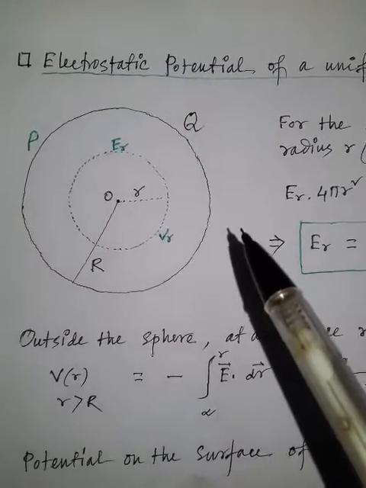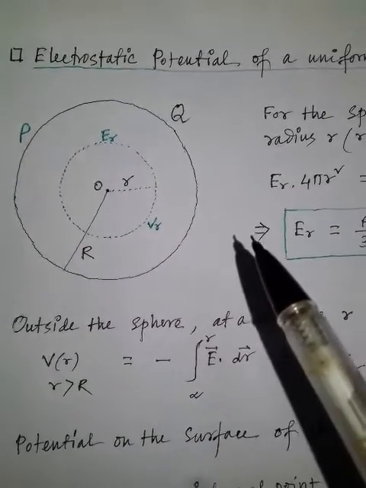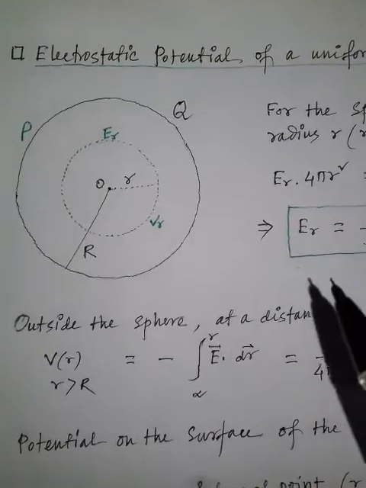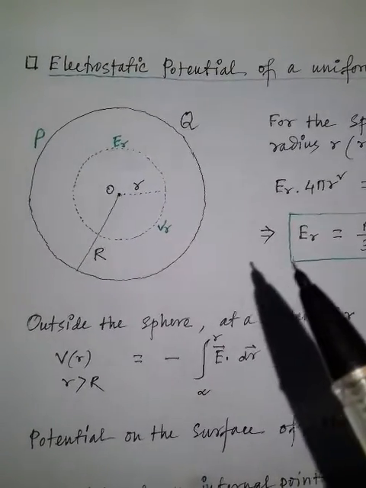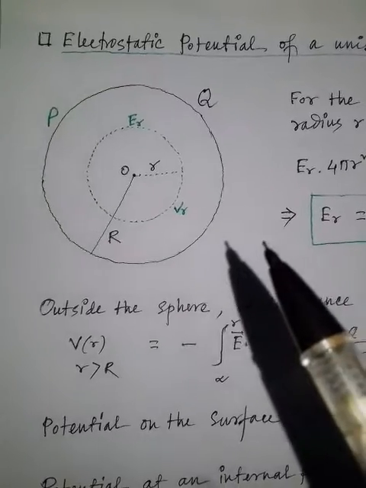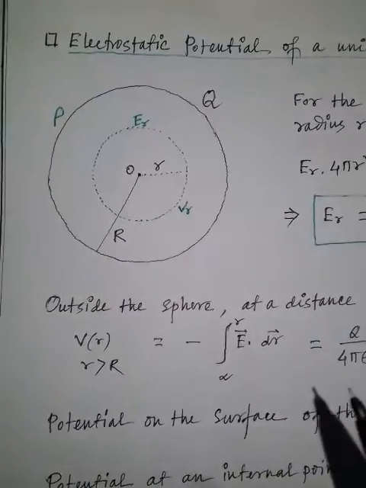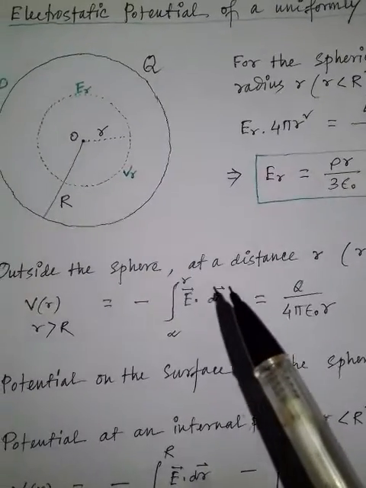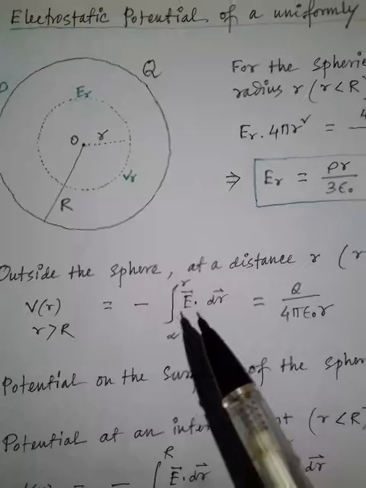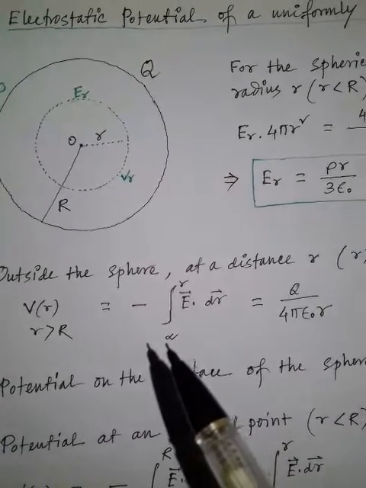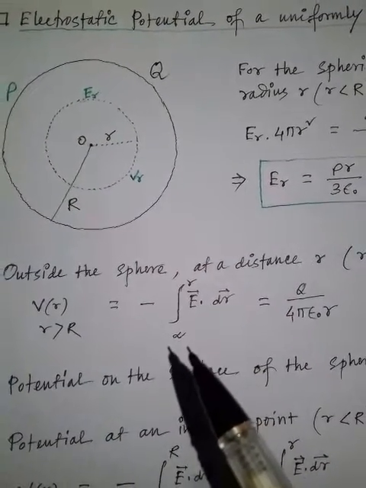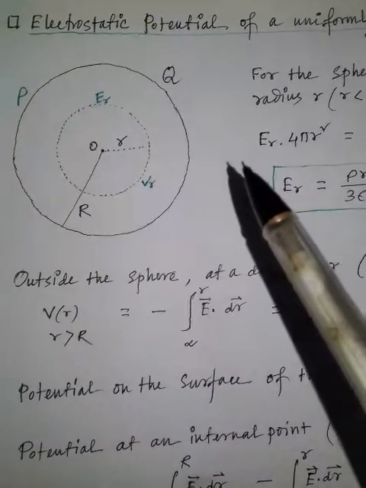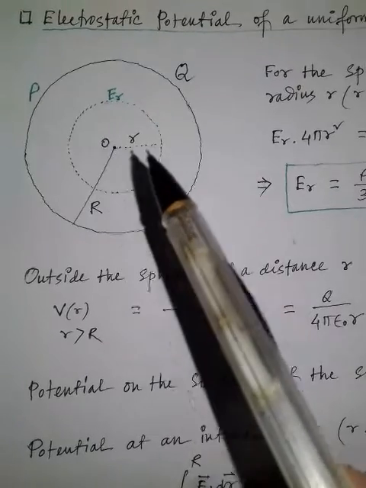To find the potential at an outside point, we have to bring a positive test charge from infinity to that point. The required work done would be the potential, and this potential would be minus integration of E dot dr, with the limit of integration from infinity to r, the distance of the point from the center.